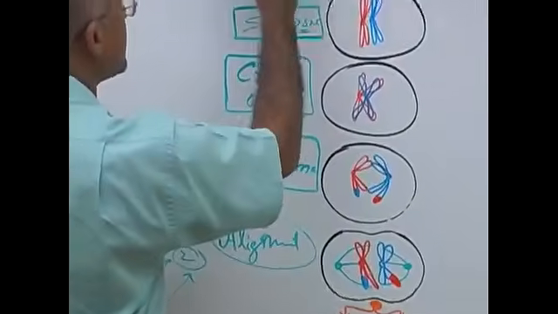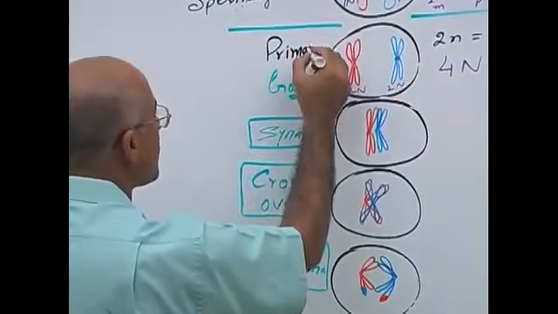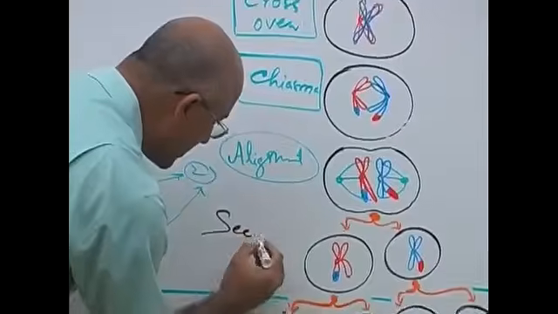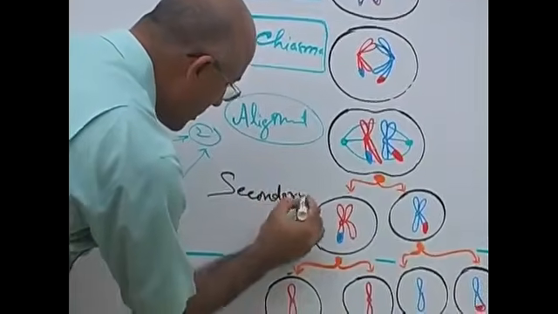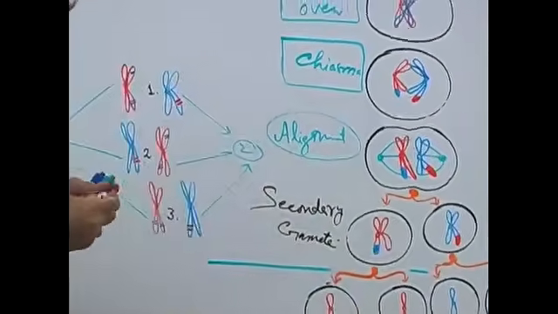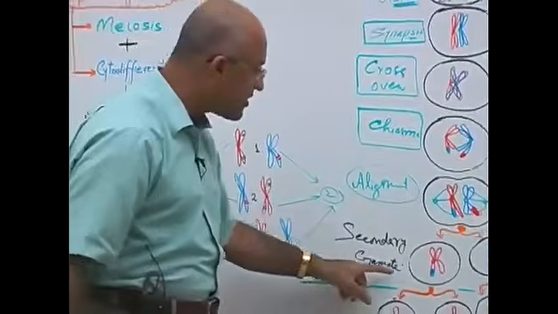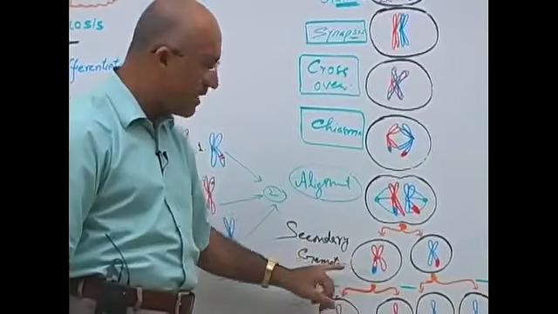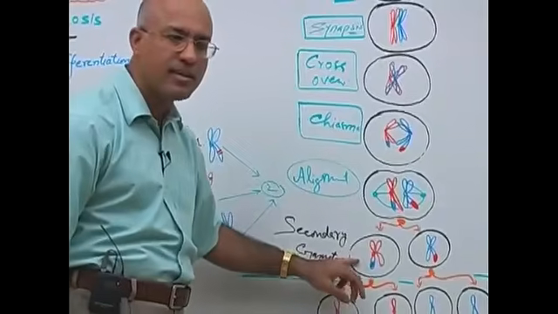Here we had the primary gamete, here we will have the secondary gamete. Now, in the male it will be the secondary spermatocyte, and in the female it must be the secondary oocyte.